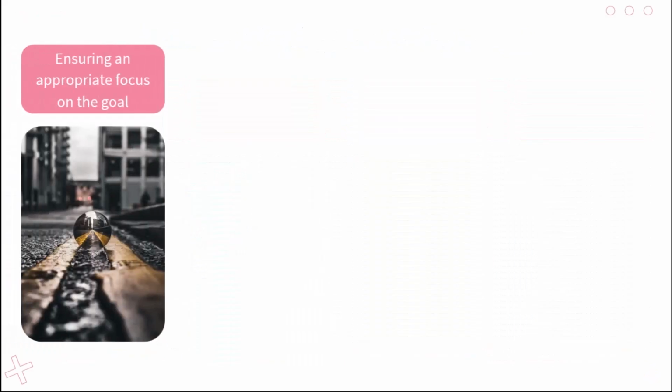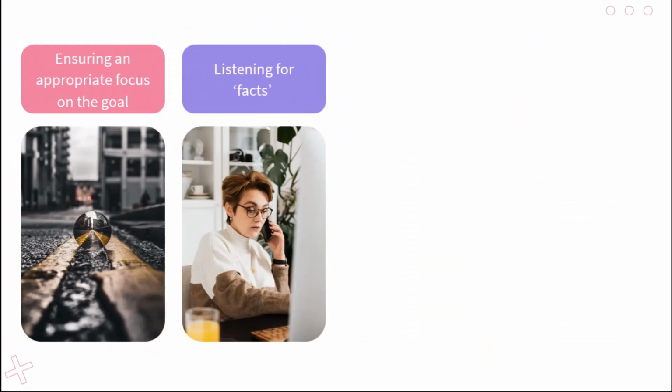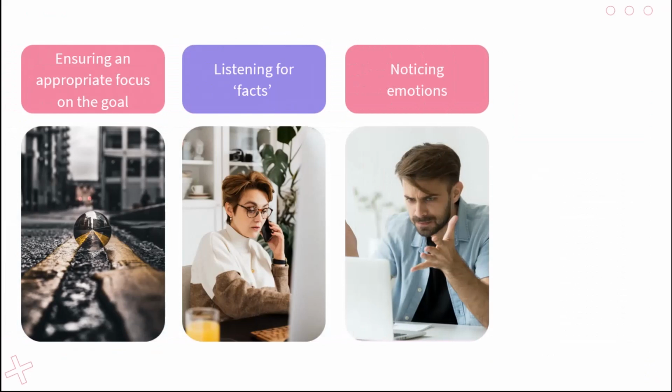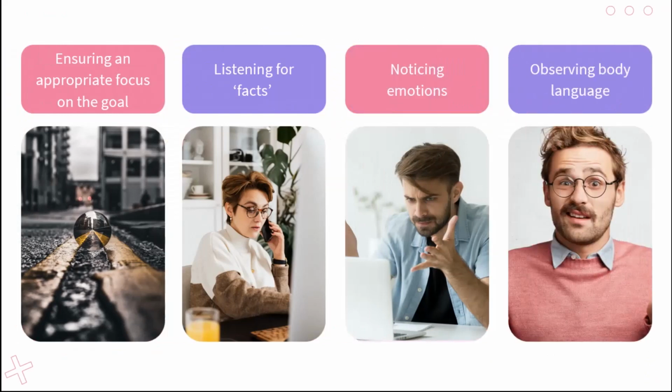They are ensuring an appropriate focus on the goal. They are listening for the facts. They are noticing emotions. And they are observing body language. What a mouthful. But please see the lesson notes additional resources area for a detailed unpacking of each of these skills.